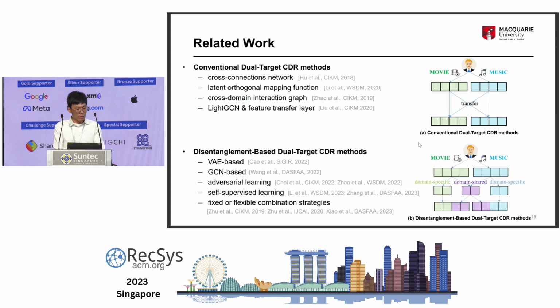While the disentanglement-based dual-target CDR methods have an extra stage to decouple the domain-shared and domain-specific user preferences, and only transfer the domain-shared information or preferences to both domains to improve the recommendation performance. However, both of these two types of methods ignore the domain-independent information, which is very important and essential in capturing comprehensive user preferences.